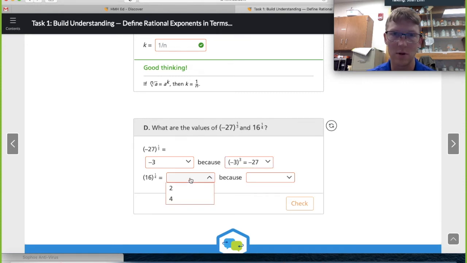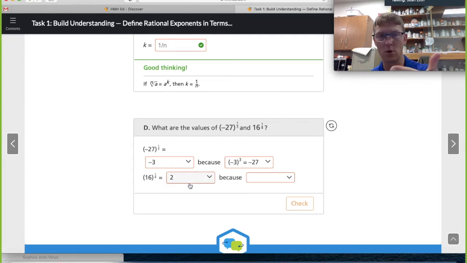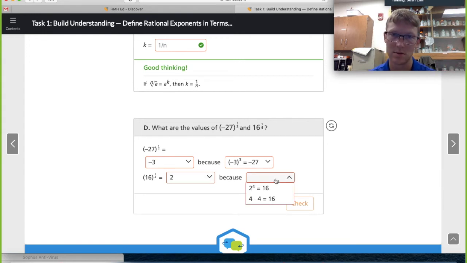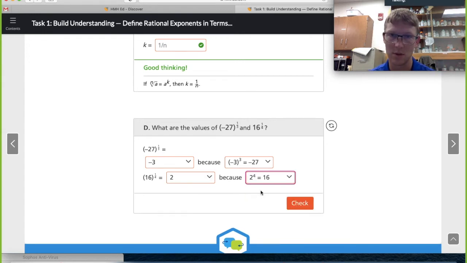I didn't even do the 16 one yet. So this is the fourth root, or 16 to the power of 1/4. 2 times 2 is 4, times 2 is 8, times 2 is 16. And there we go.